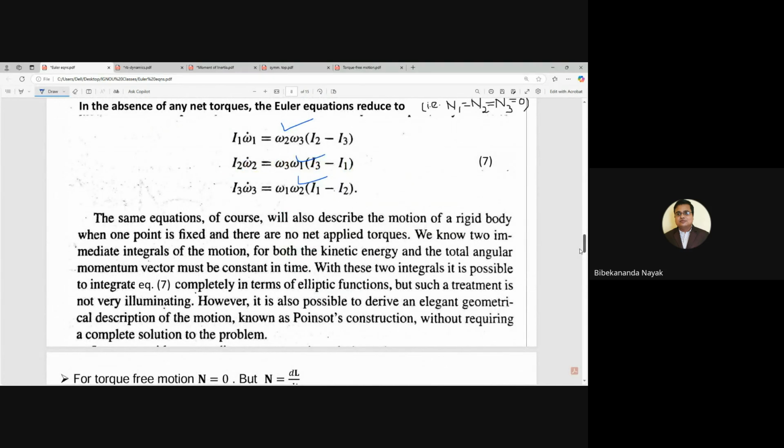But if you add this, suppose you multiply omega 1 in equation 1, omega 1 on left side, omega 1 on right side, omega 2 in equation 2, omega 2 on left side, omega 2 on right side, omega 3 in equation 3, and so on. What will be the result? Can you say what will be the right hand side?